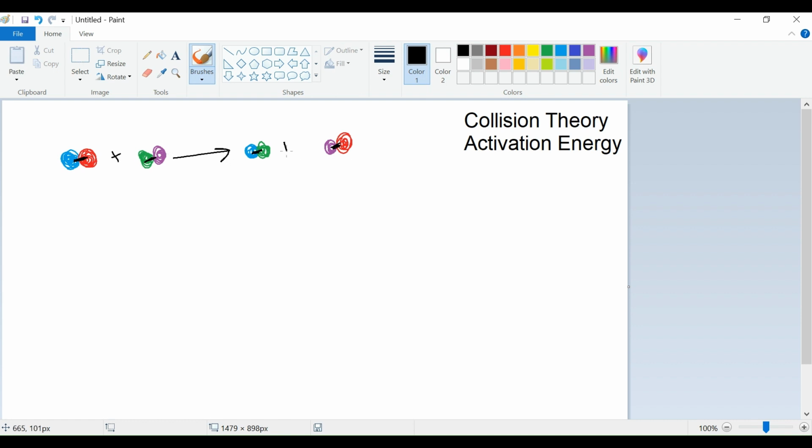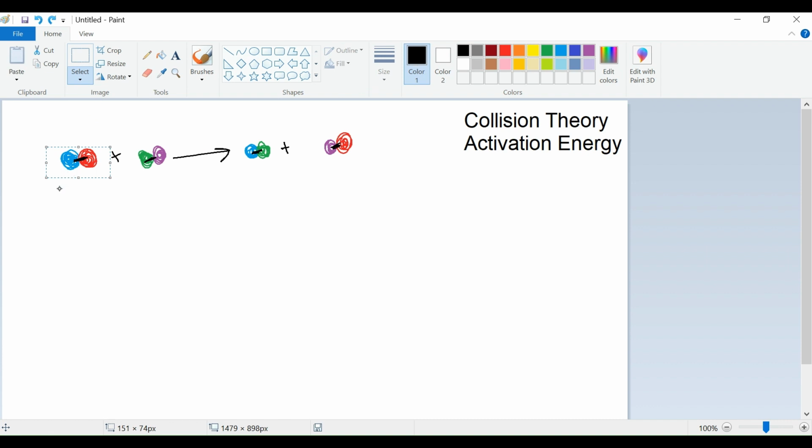So I need bonds here to break so that these bonds can form. And in order for any reaction to happen, we need the atoms to bump into each other.